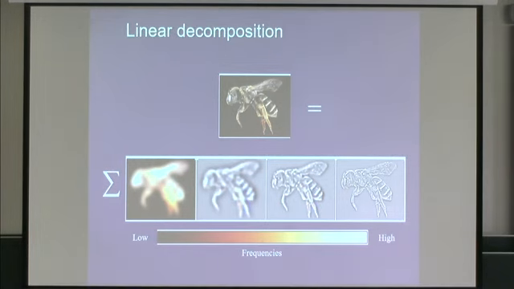Okay, so let's see. This is a linear decomposition, like a Laplacian pyramid. So you have the high frequencies here, low frequencies here. As we see, this is the only sharp image we have, and the rest gets blurry. Although if you sum all of them up, you get the initial thing, it's not a very good decomposition for images.